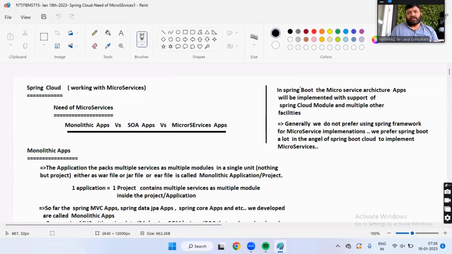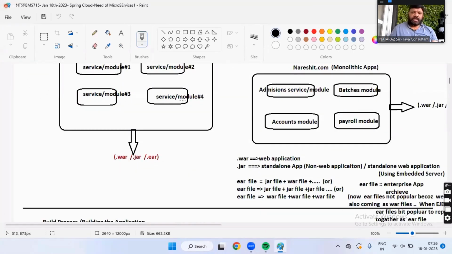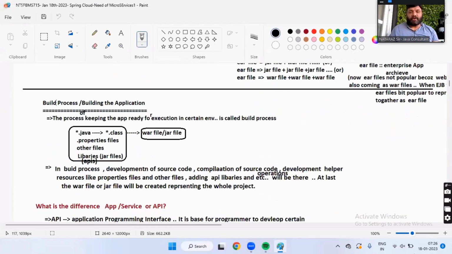That unit is nothing but a jar file, war file or EAR file, right? Then we understood what the build process is.